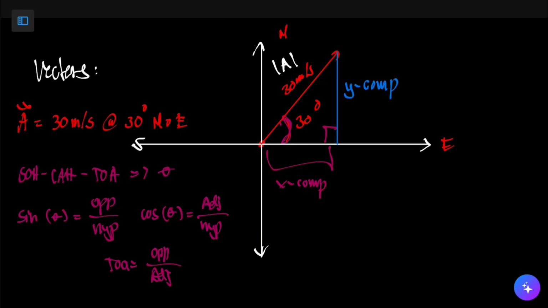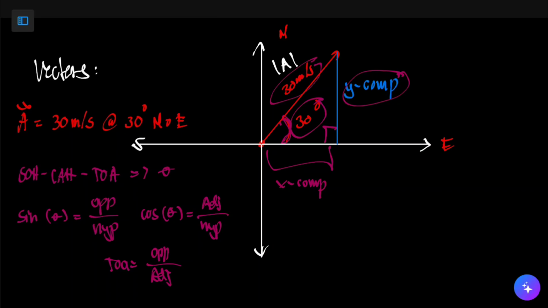So, anyways, let's say you have the x component and a y component. You want to find the y component of the vector, given that you have the value of your hypotenuse, which is your vector, and your angle between the x-axis and the vector, which is 30 degrees. So you have your y component, your hypotenuse, and your angle.